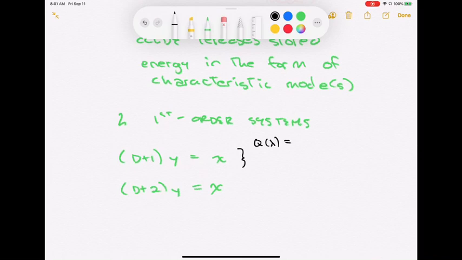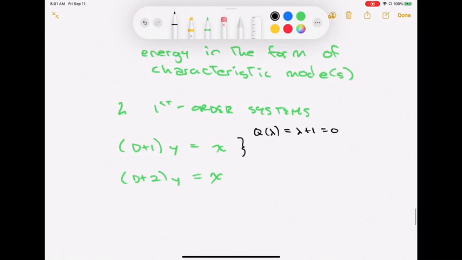We just replace D with lambda, so that's lambda plus 1. If I set that equal to 0, that's the characteristic equation. Solving it, I get lambda equals minus 1, the characteristic root. Putting that root into exponential form, I get e to the minus t. That is my characteristic mode, which tells me how this system wants to release energy. It's an exponential decay, decaying as e to the minus t.